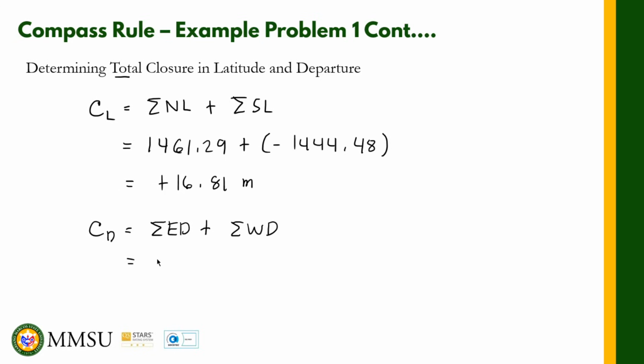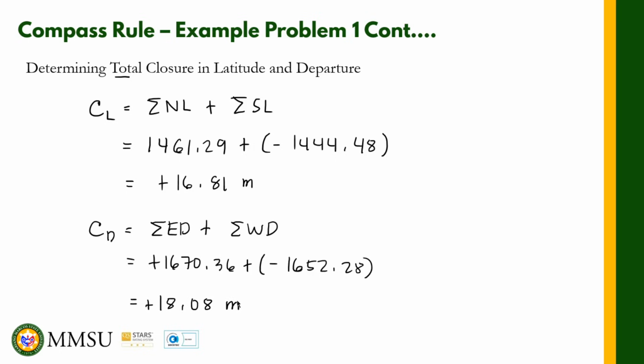So, that's positive 1,670.36 plus the negative of 1,652.28 meters. So the closure for the departure is positive 18.08 meters.